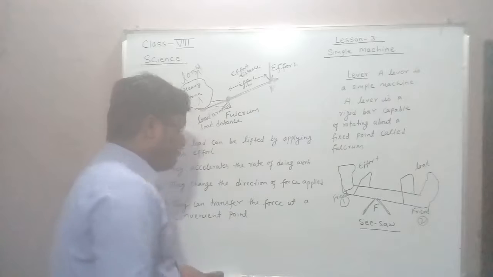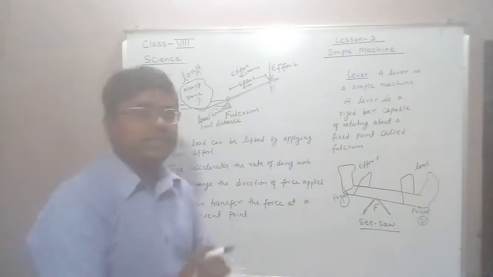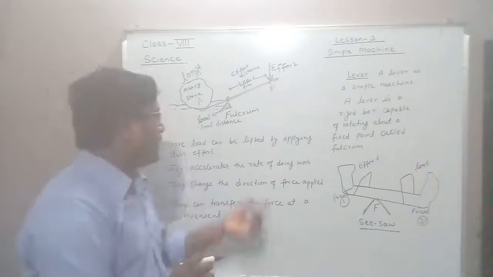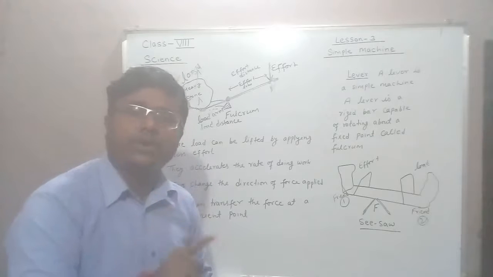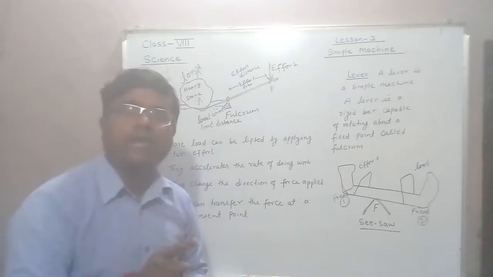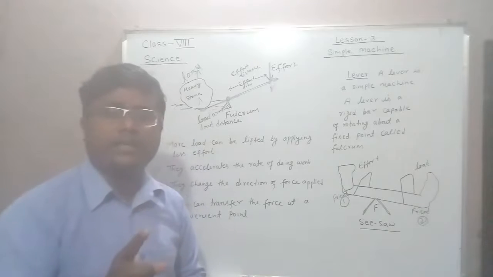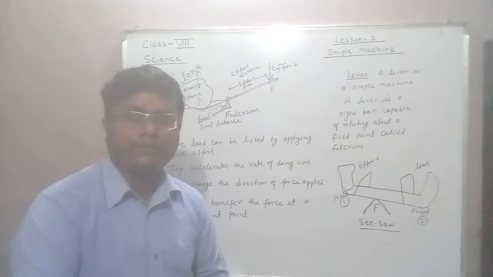Is it clear? In a lever, at one point effort is applied and at another point there is the load, and there is a support called the fulcrum. The distance between load and fulcrum is the load arm, and the distance between effort and fulcrum is the effort arm.